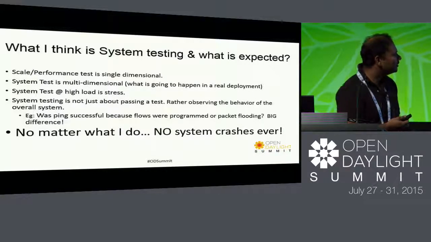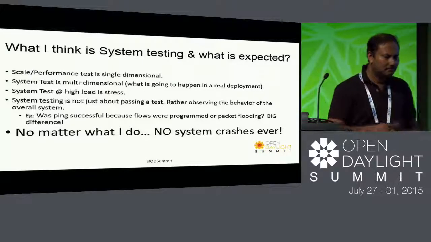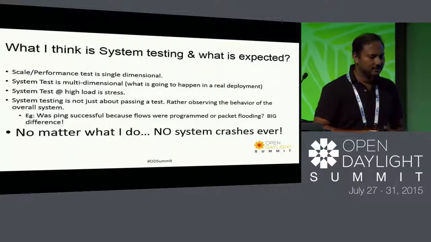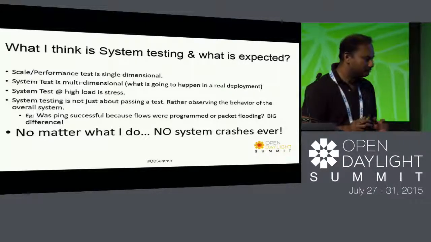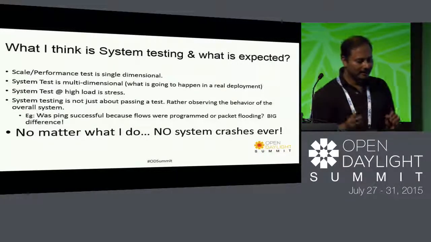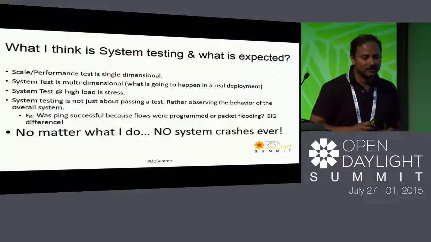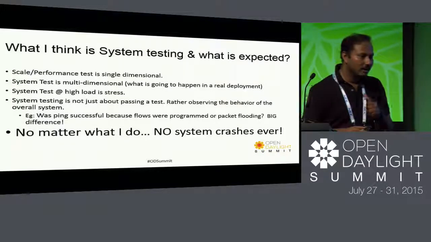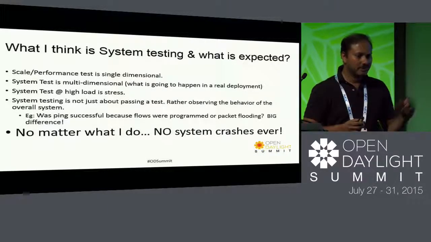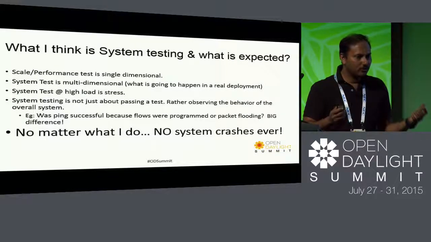To me, system testing is not just about passing some test case, but it's also about observing how the system behaves. Let me give one example. I did a ping test, and what I figured out was ping was all passing fine. But I looked into the logs, and I found that there were some exceptions. And that exception said, error inserting flows.